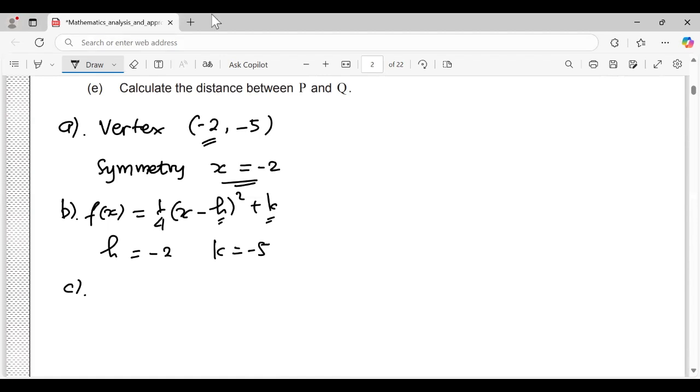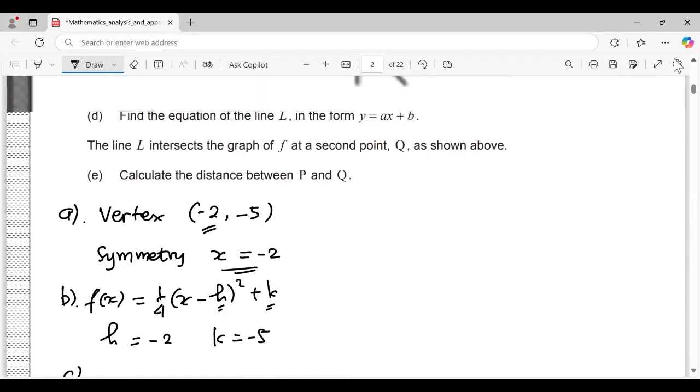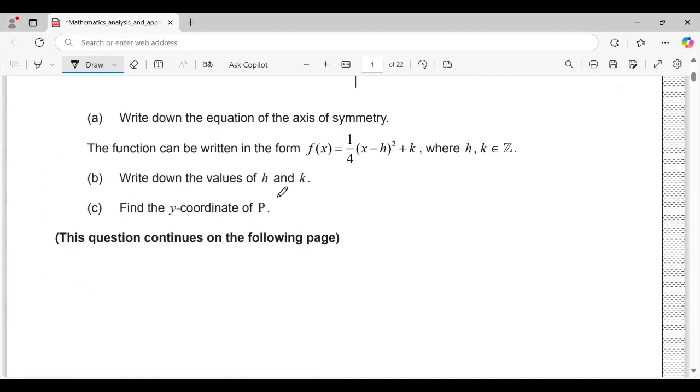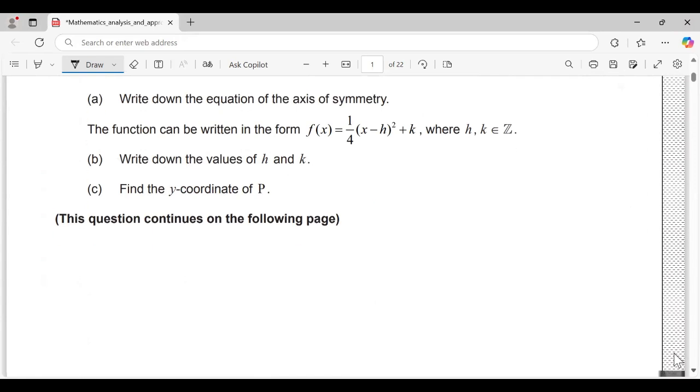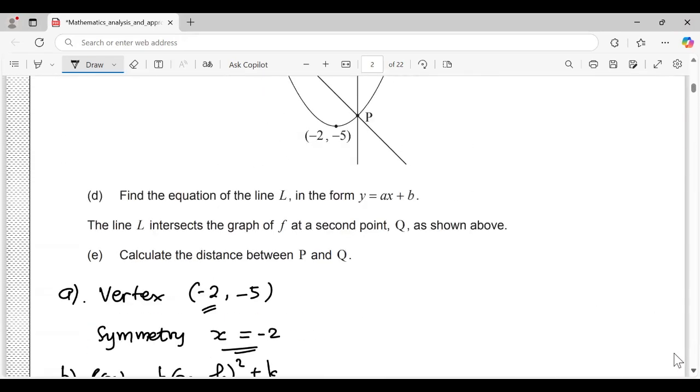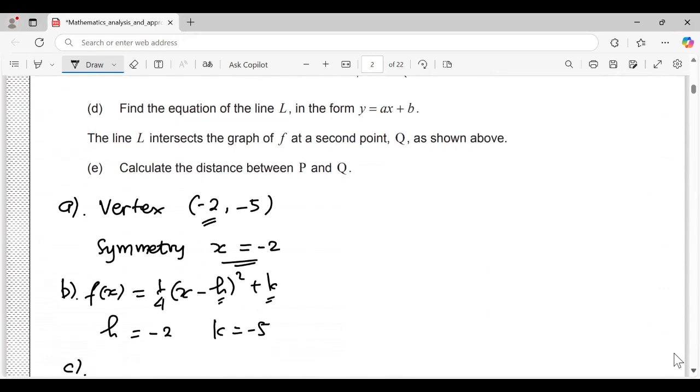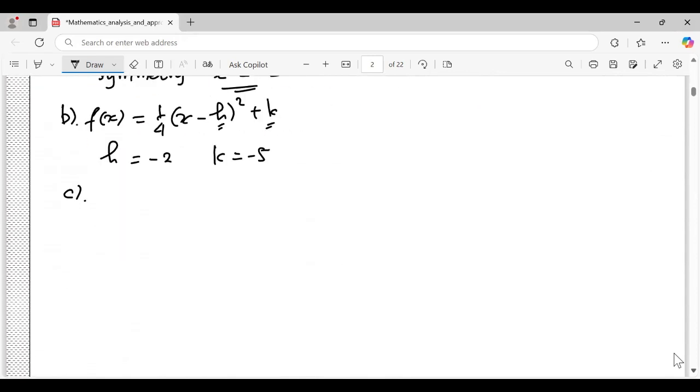C. Find the y coordinate of P, the intersect point, the intersect point between the y-axis and the parabola. f(x) equals 1/4 (x plus 2) squared minus 5, because h equals minus 2.